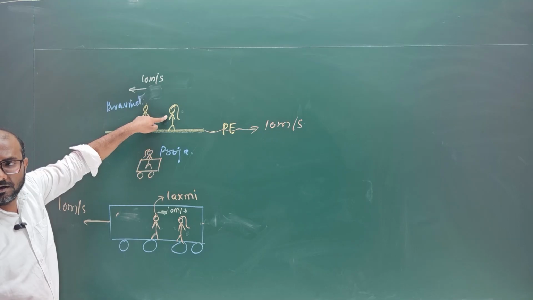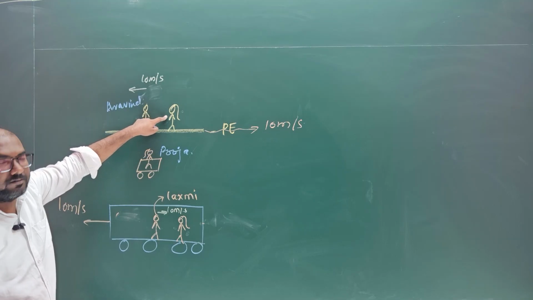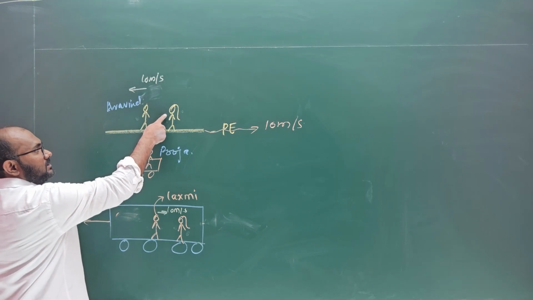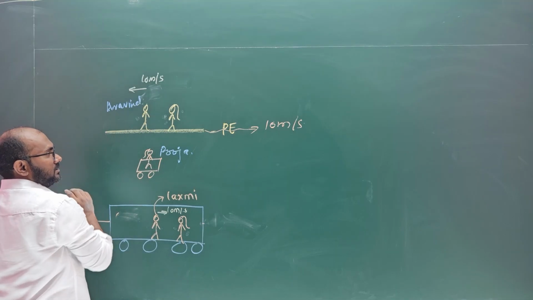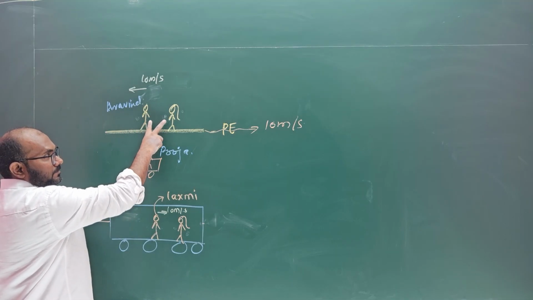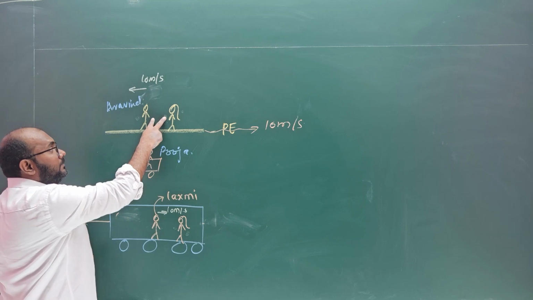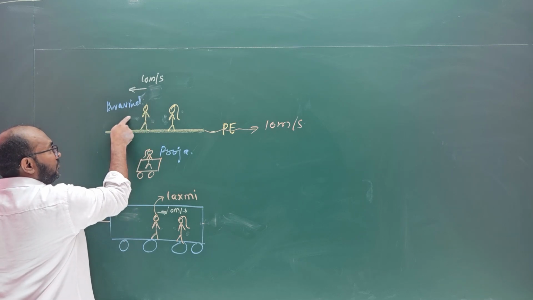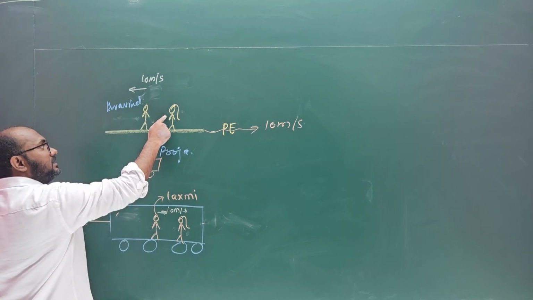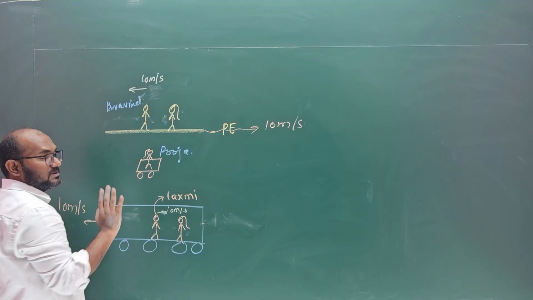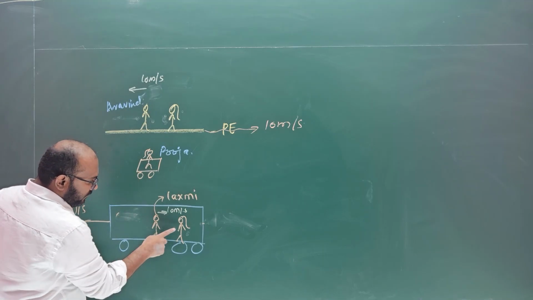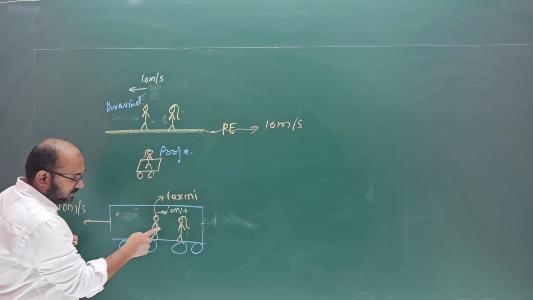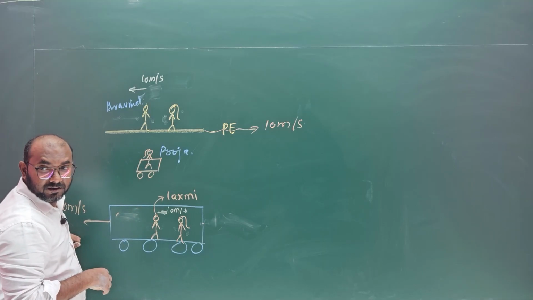Negative 10. Yes, very good. So, for this girl, he is going in this direction. Both are on the same frame. And if the boy is moving in this direction by 10 meter per second, she says that he is moving by 10 meter per second. Yes or no? Okay. For this girl, what about Lakshmi's speed?